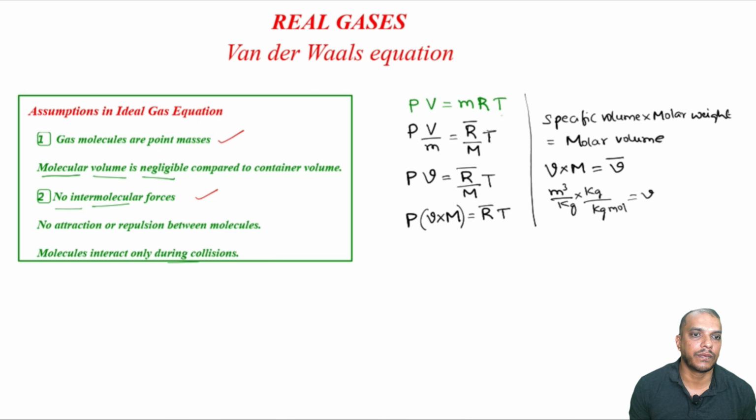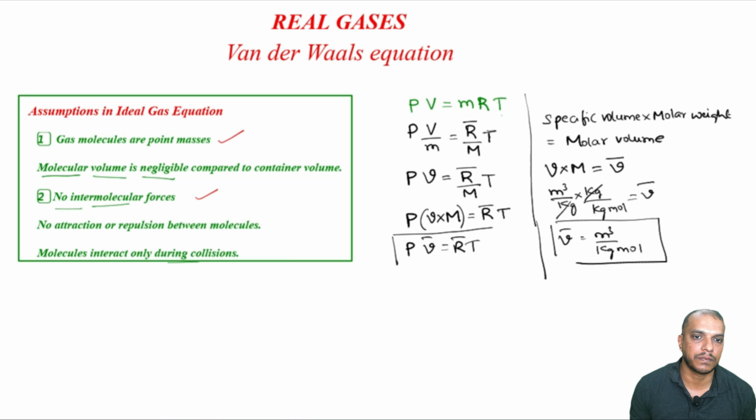Therefore, the unit of V bar is meter cube per kg mole. So the equation which we already know, the ideal gas equation, I have just rewritten: P V bar = R bar T. We will have to start from here. So this is still an ideal gas equation.